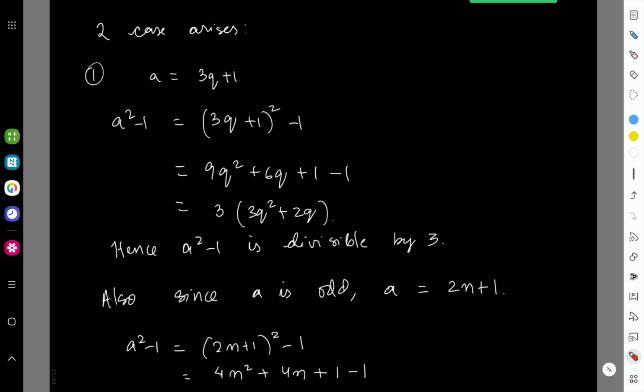When it leaves remainder 1, our a can be expressed as 3q plus 1, because 3q is divisible by 3. That means the remainder is 0, but if we add 1, then our remainder becomes 1.